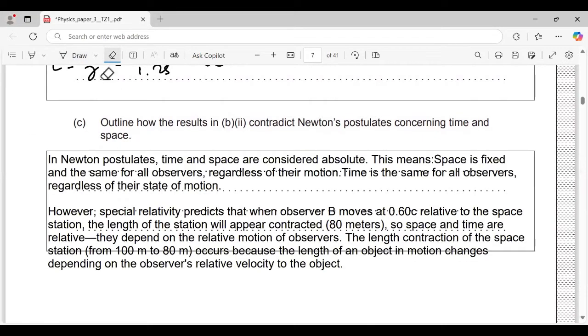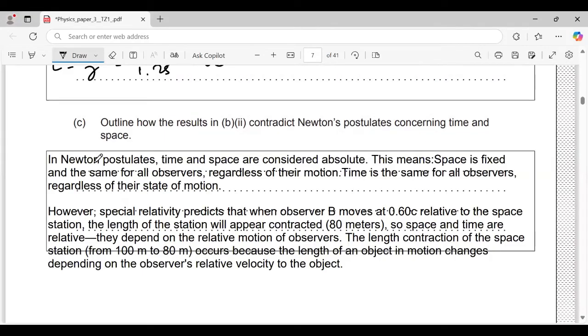Outline how the result in part B contradicts Newton's postulates concerning time and space. I have provided my answer here.